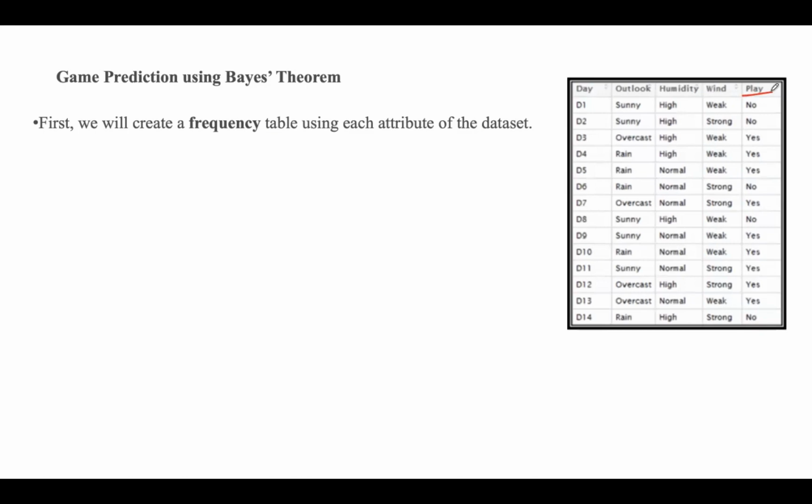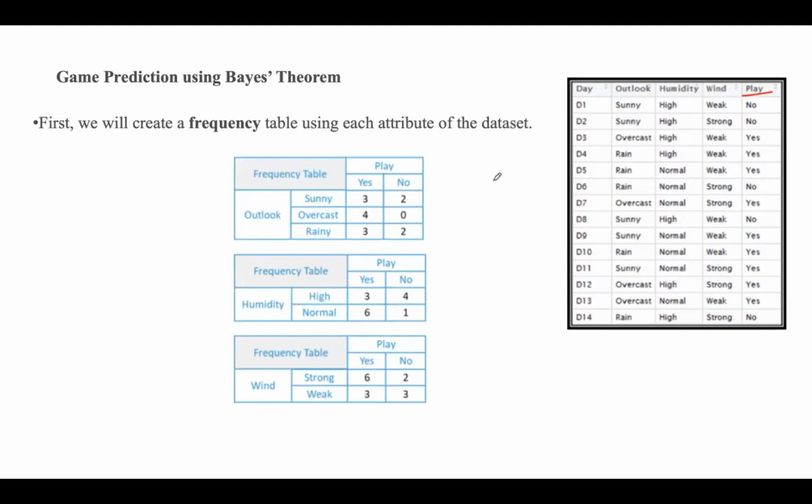First, let us create a frequency table using each attribute of the data set. Here we are creating frequency tables for the attributes outlook, humidity, and wind.